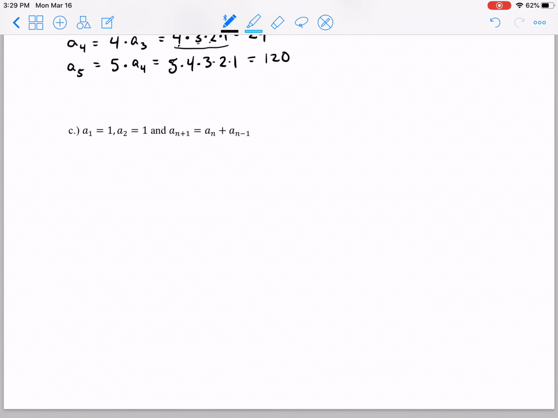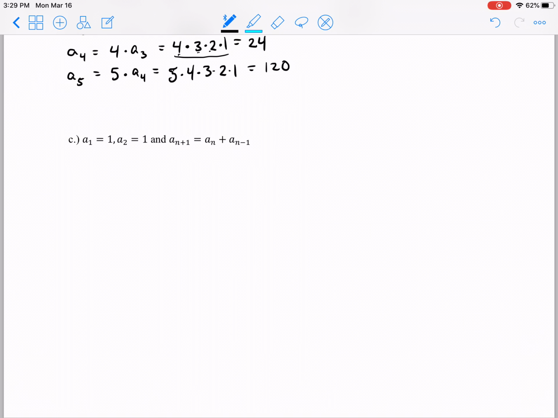We'll look at C. a1 equals 1, a2 also equals 1, and a sub n plus 1 is going to be the previous one plus the one before it. So our next term, a sub n plus 1, is going to be the sum of the previous two terms.